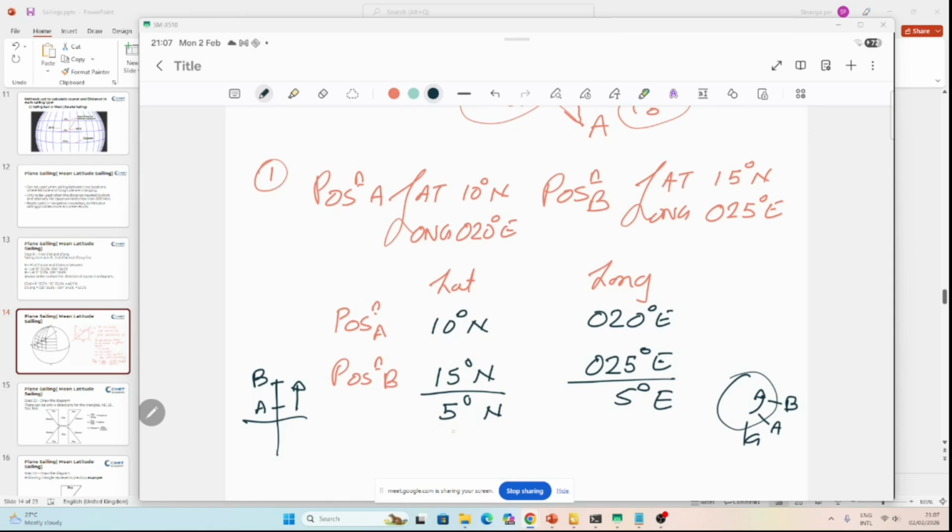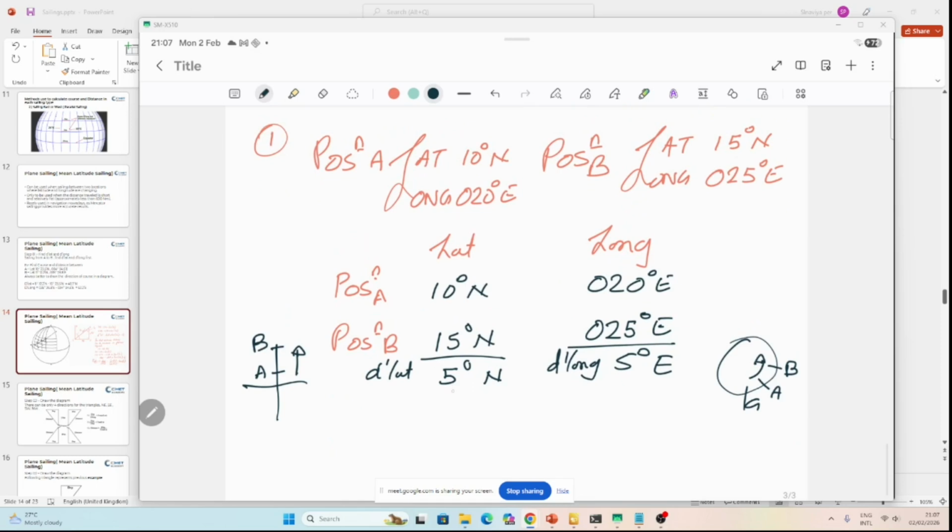So when you convert the DLAT into minutes and the D long into minutes, you have to multiply it by 60. 5 into 60 is 300 minutes north DLAT. D long is 5 into 60, which is 300 again, easterly D long.